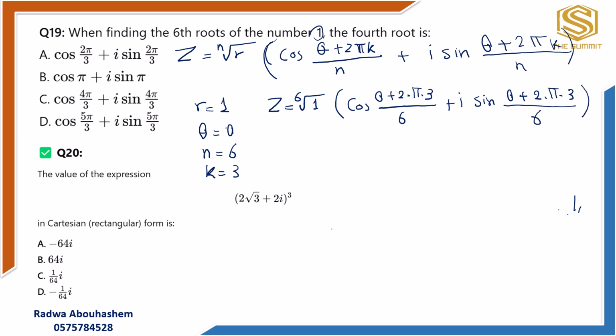So here it would be 1, and 2 times 3 is 6. 6 cancels with 6, so it's cosine pi. And here also it would be i sine pi. So where's my answer? Here's my answer.